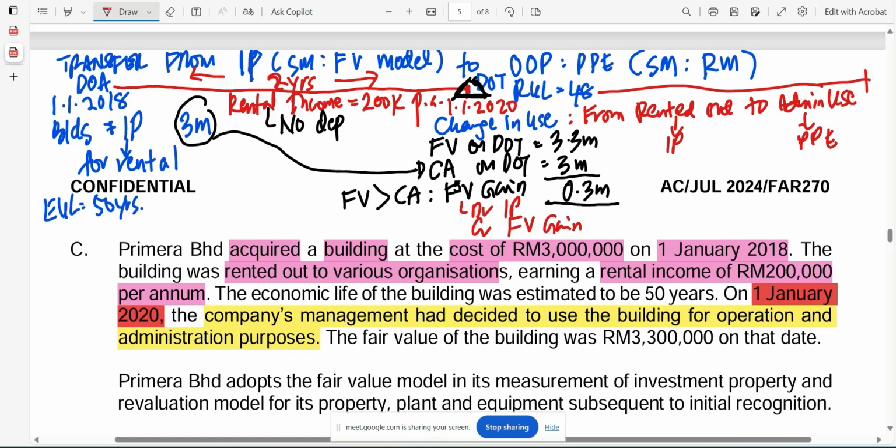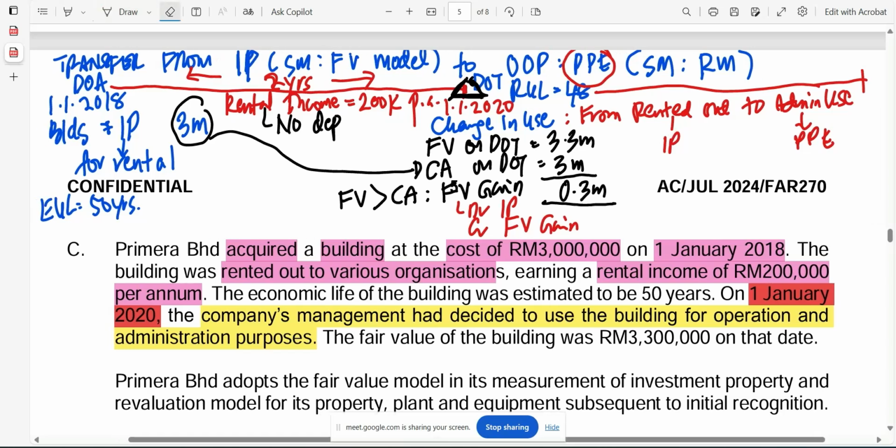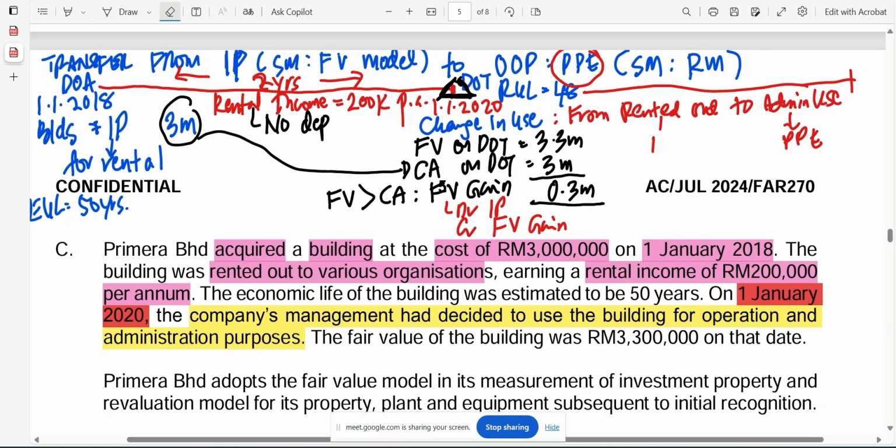However, on the day of transfer, it is no longer going to be an IP. It will become an item of PPE. So what is the cost of the PPE on the date of transfer?